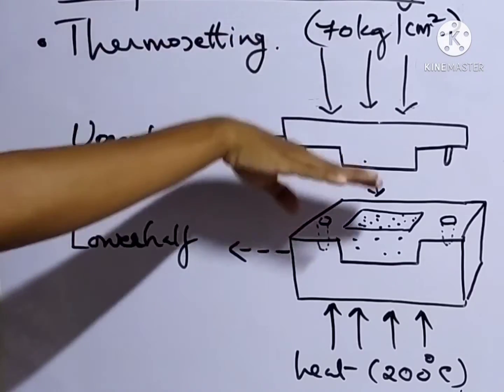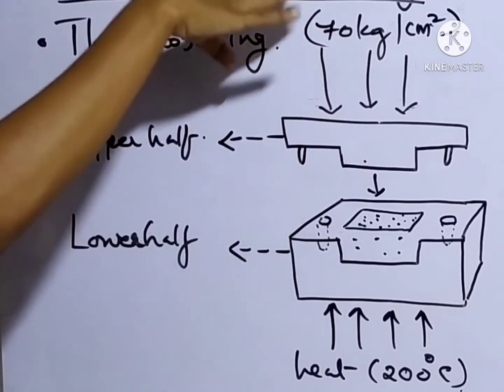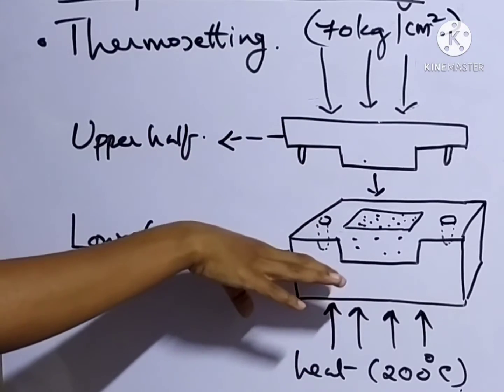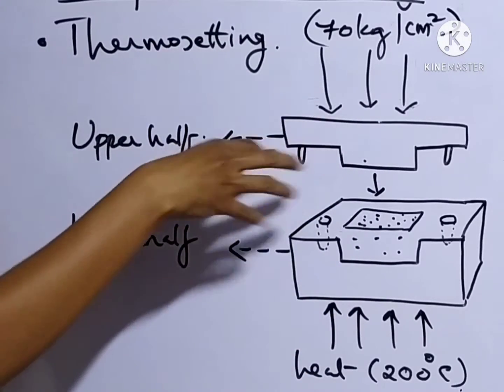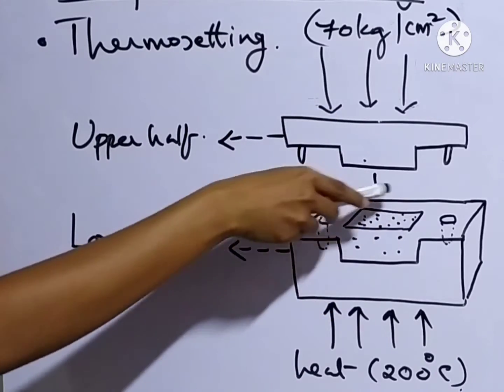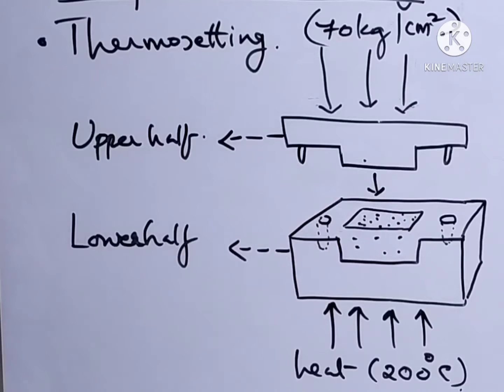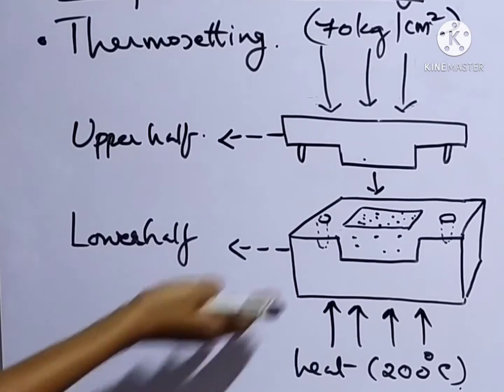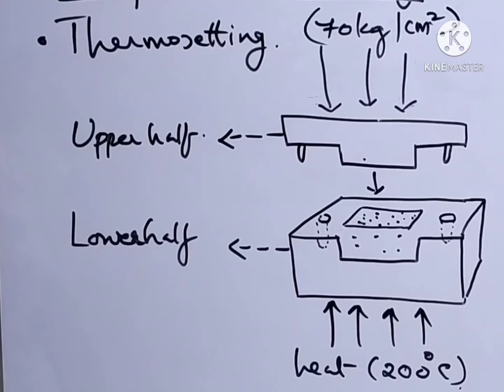So when pressure is applied after closing the upper half over the lower half, the polymer within the cavity becomes hard and it attains the shape of the cavity. Here the cavity is almost like a rectangle, so the molded material will obtain a rectangular shape. If the cavity is circular, then the molded material will possess a circular shape.